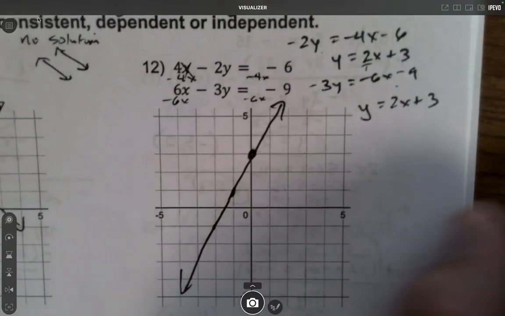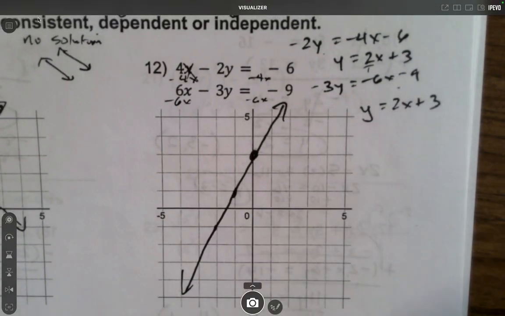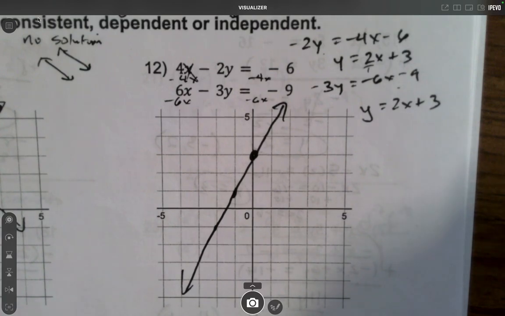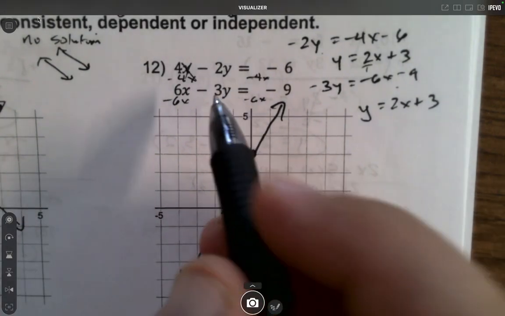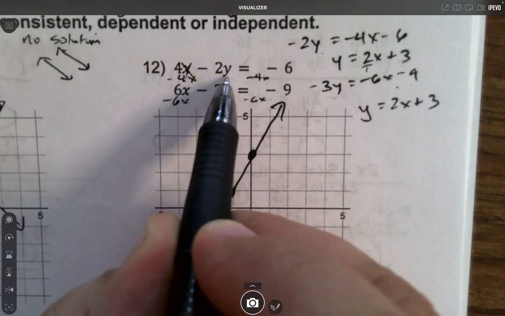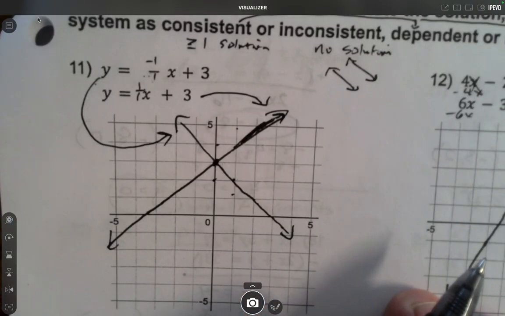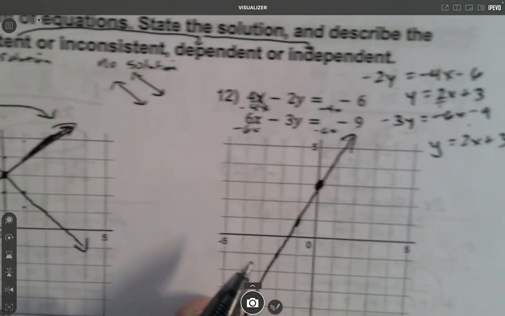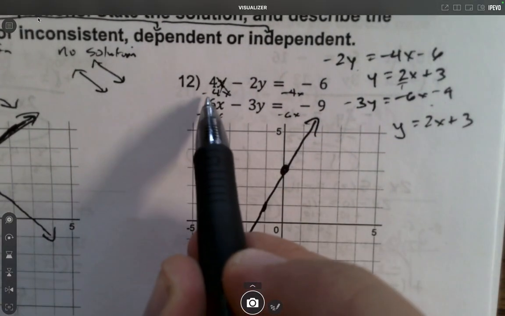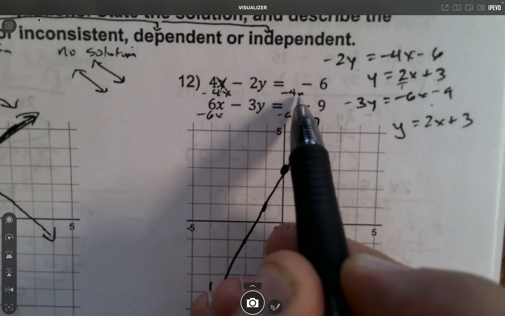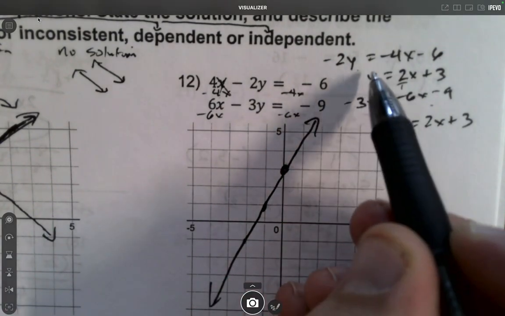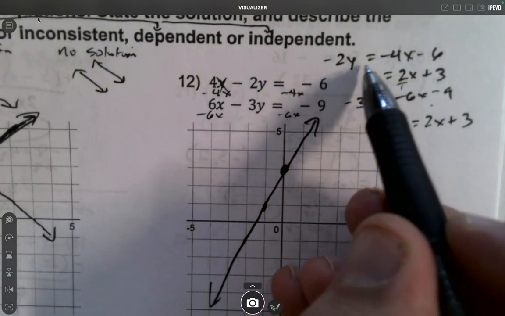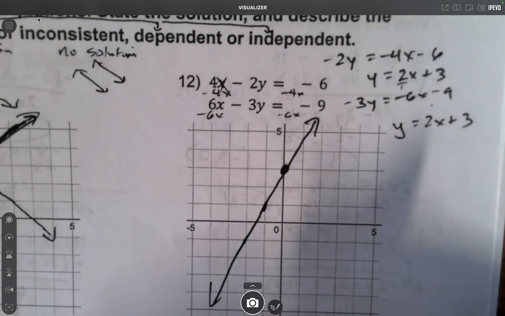Okay, 12 is going to take a little bit of work before you can graph it, because they're not in slope-intercept form, and that's harder to graph. So we want to get y by itself, just like it was on number 11, and just like it was on the previous two. So my first step is to subtract 4x over to the right side. So I get negative 2y equals negative 4x minus 6.